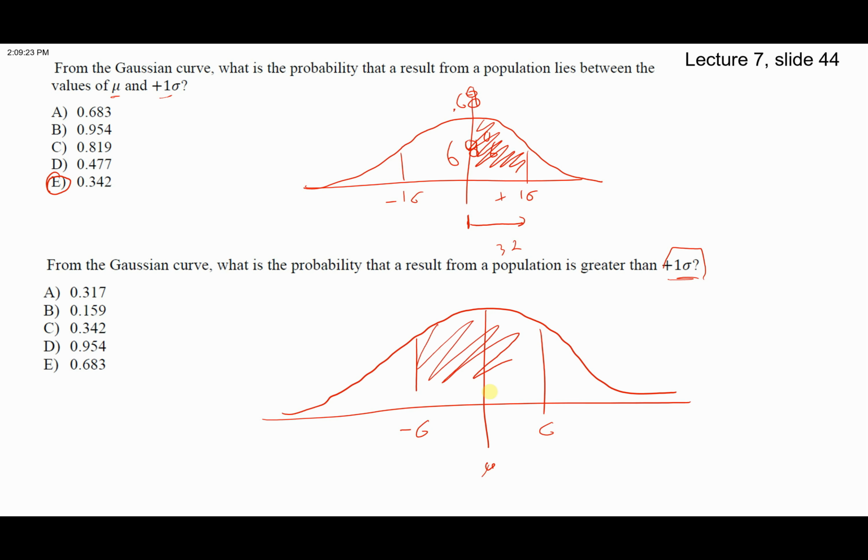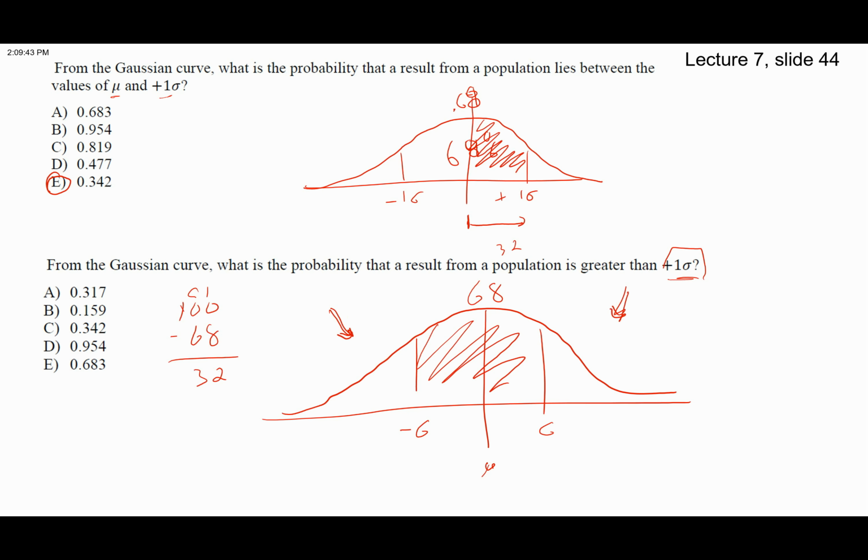And remember, in here, that's 68%, which means out here in those two areas must be 100 minus 68, right? So 32%. So inside those two areas is a total of 32%.